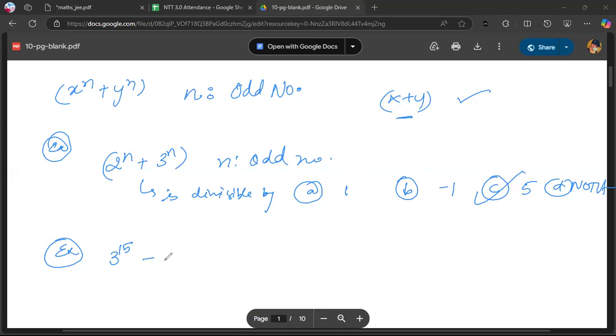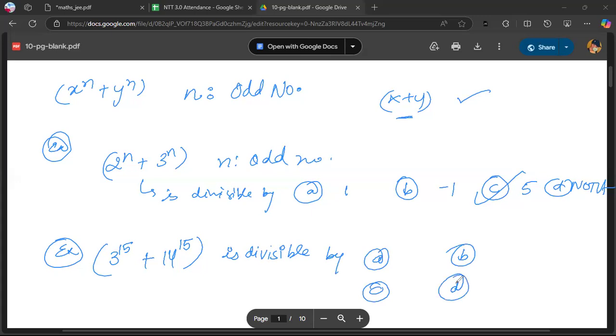Correct? So let's take one more example. What's the correct answer?